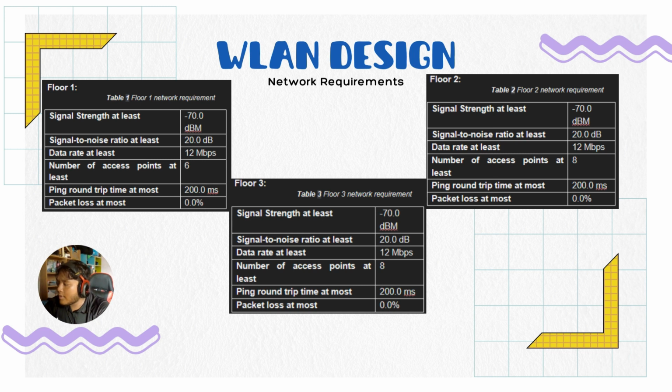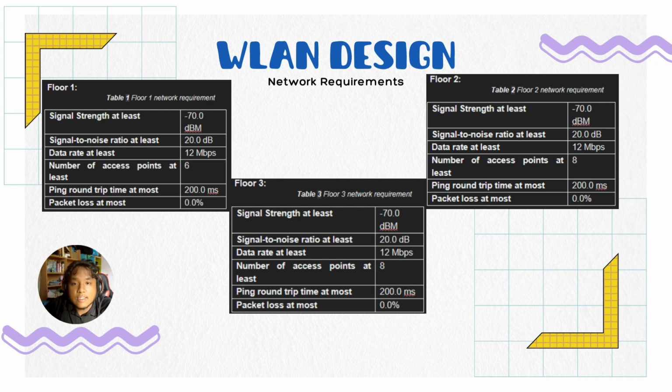And then we have a round trip time of at most 200.0 ms. It ensures low latency communication between devices on the network. Low latency is crucial for real-time applications like voice calls, video calls, and other interactive services. And then the last one is the minimum number of access points to deploy.